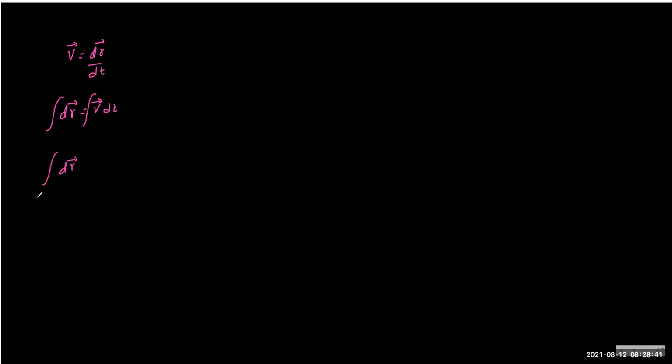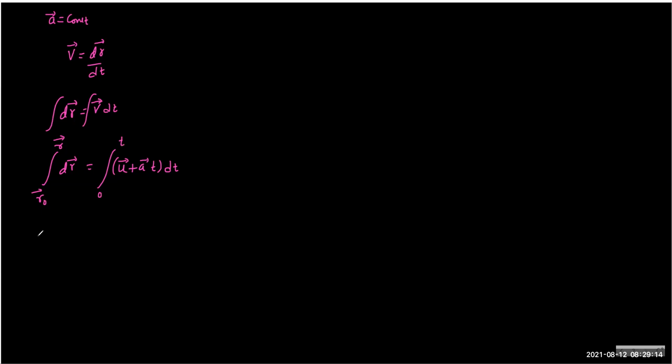Let's say your initial location is r naught and your final location is r from the origin. This is how we write it. We have already proved, for constant acceleration, because we are proving everything for a equals constant, that we can rewrite v as u plus a vector into t, integrated dt with time from 0 to t.